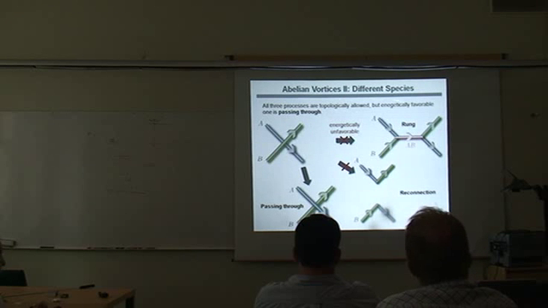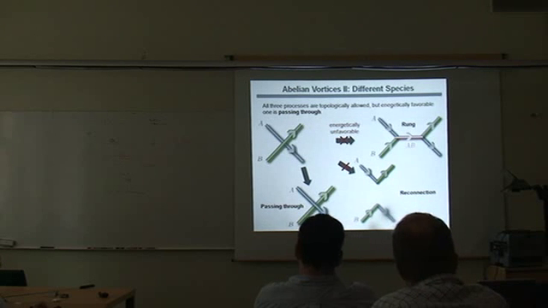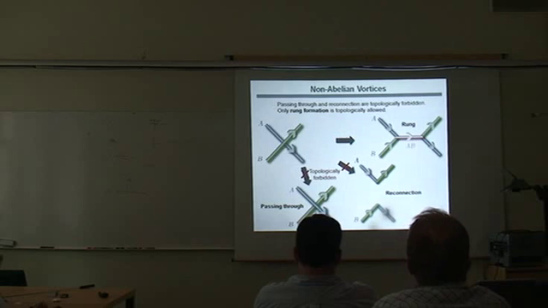For abelian vortices belonging to different species, for example, a two-component rubidium system, one vortex from one BEC, one vortex from the other BEC, all three processes are also topologically allowed, but energetically the most favorable one is passing through, and also dynamically favorable. But for non-abelian cases, passing through and reconnection are topologically forbidden.